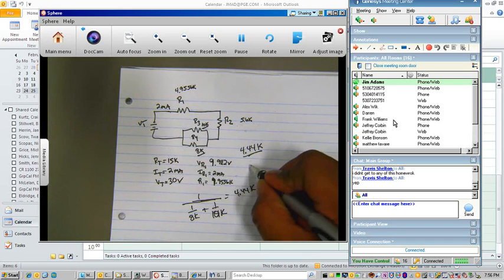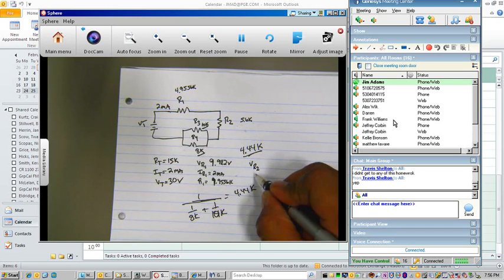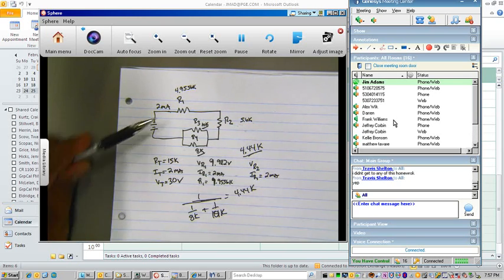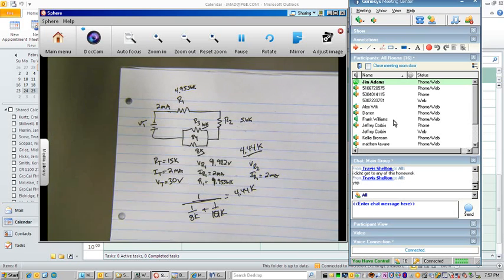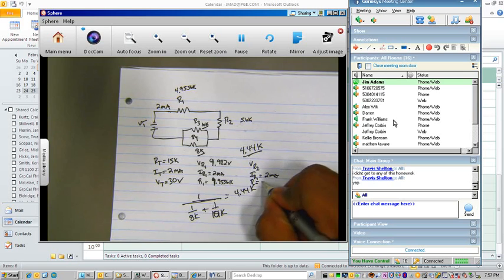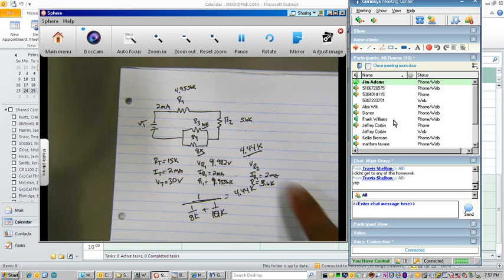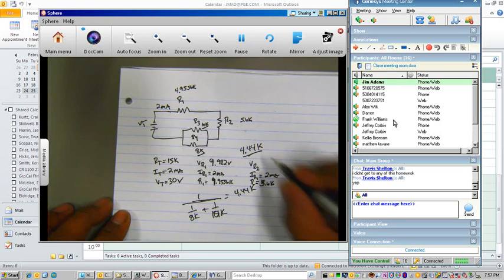So, Jim, where did the 4.44K come from? Oh, the 4.44K came from the 10K and 8K in parallel. So it's 1 over 8K plus 1 over 10K. And that should come out to 4.44K. Okay, all right. Gotcha. Cool.